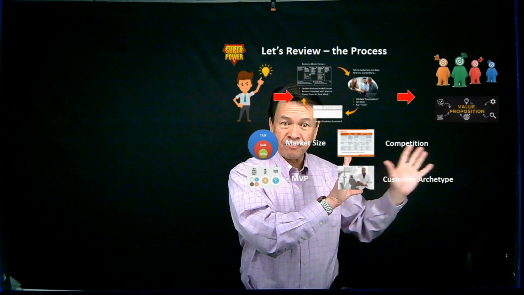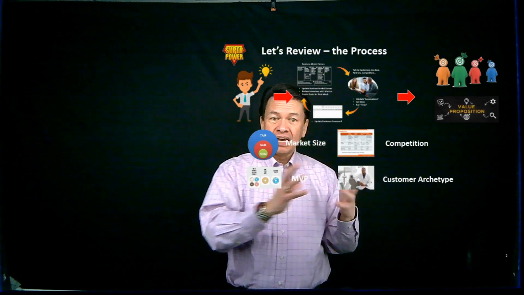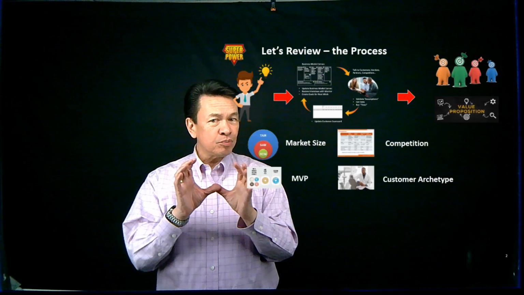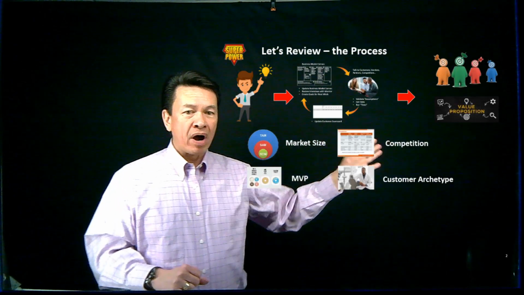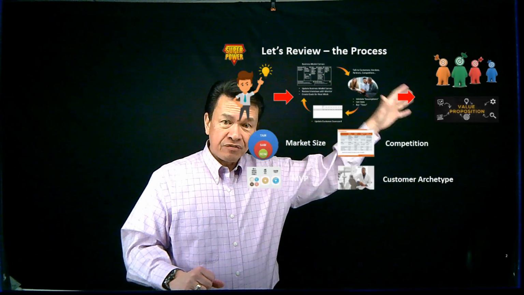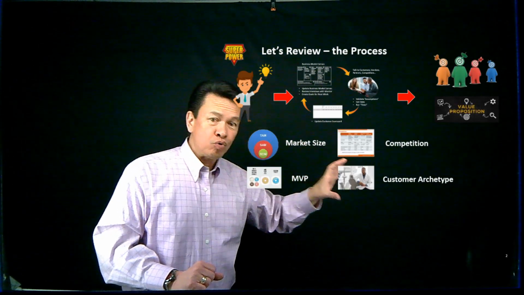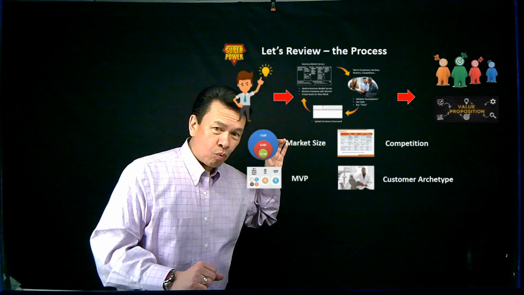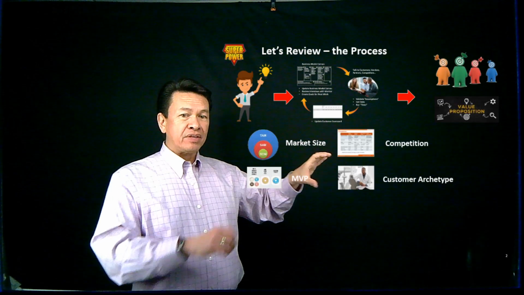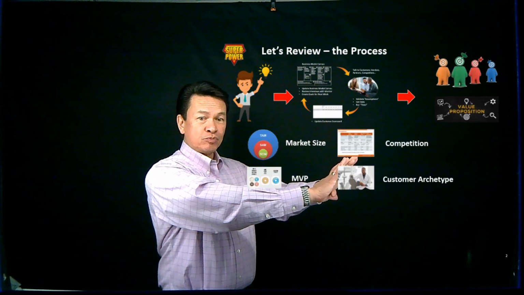And then also define more in detail that customer archetype. Who is that customer? Make that customer come to life. And why does it matter that we understand our different customer archetypes? Because when we go into marketing mode, we need to understand who they are, where they hang out, what influences them, so when we do our marketing campaigns, we can reach out to them, okay?